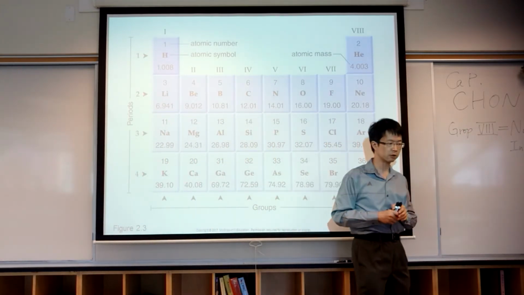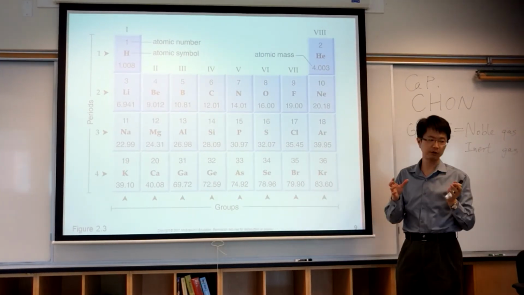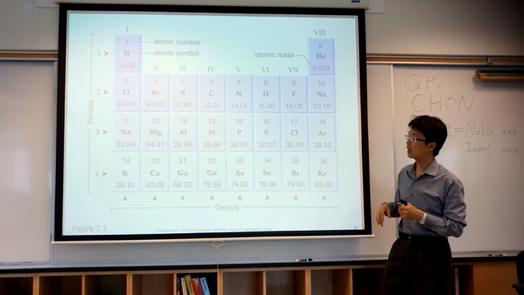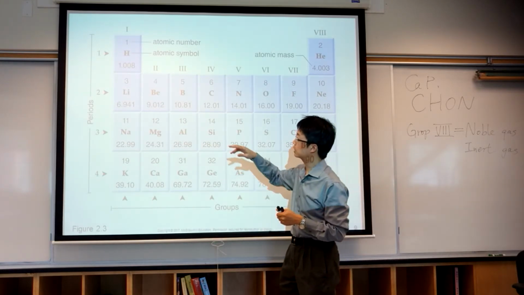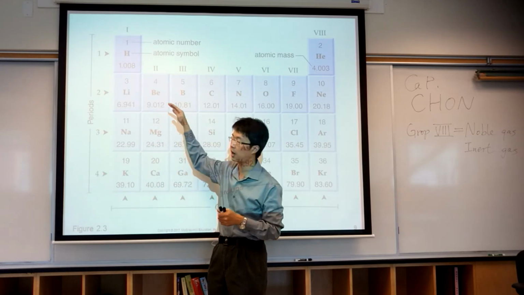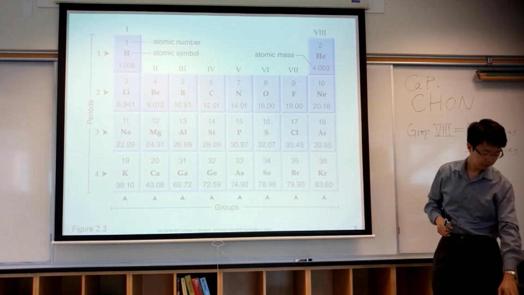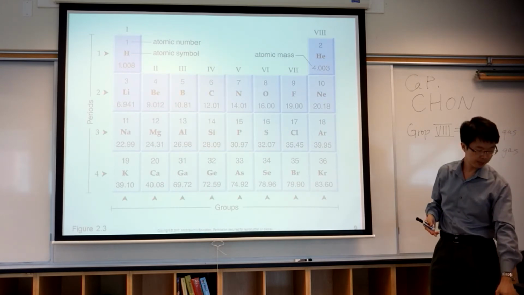So the group number is useful for telling you how many electrons are on the outermost shell. And the period, you see 1, 2, 3, 4, tells you how many electron shells you have on each atom. We'll talk about the electron shell later.